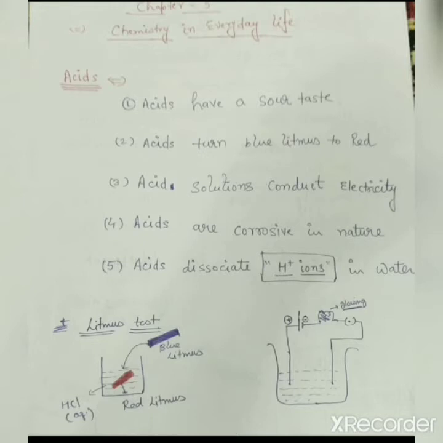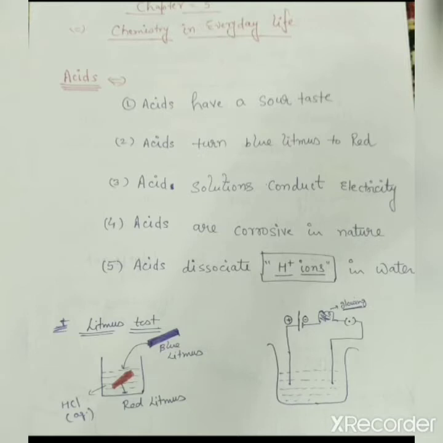You can see on your screen when we take an aqueous solution of hydrochloric acid, which is HCl, and put a blue litmus into the solution, it turns red, which shows that acids turn blue litmus to red.